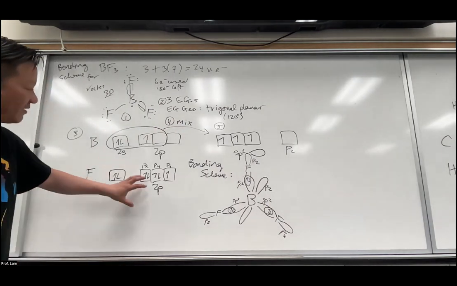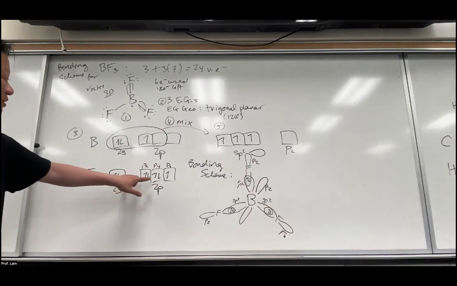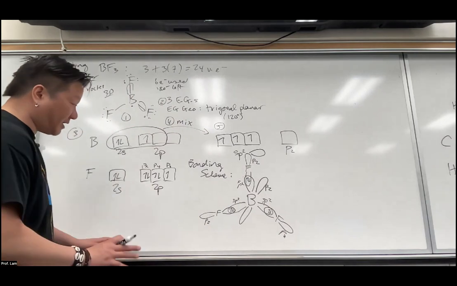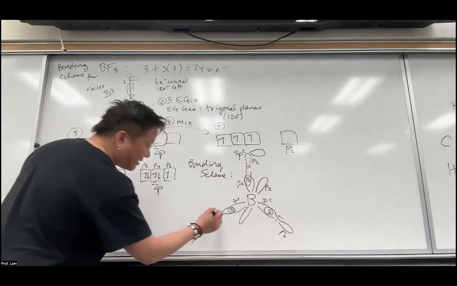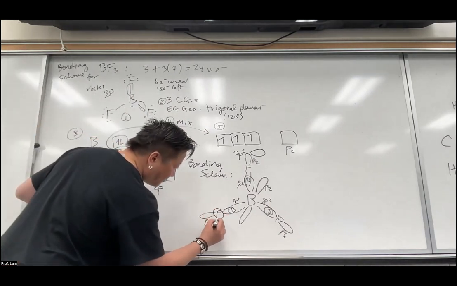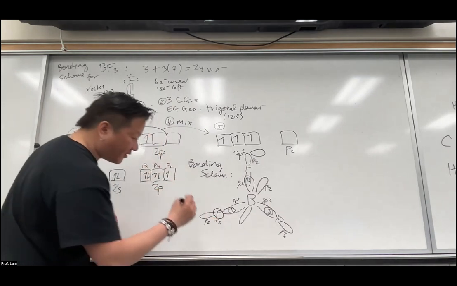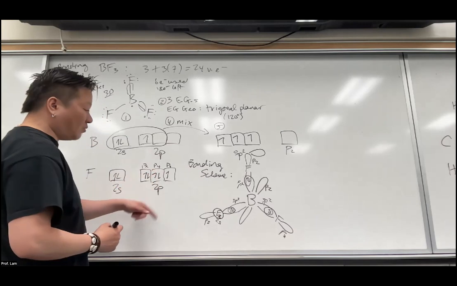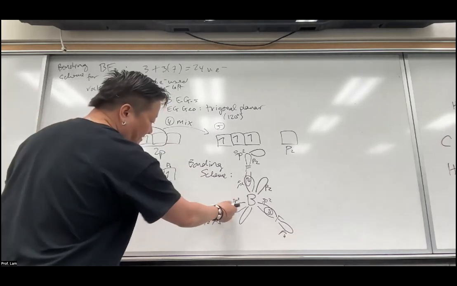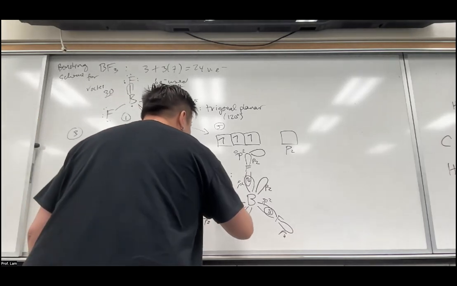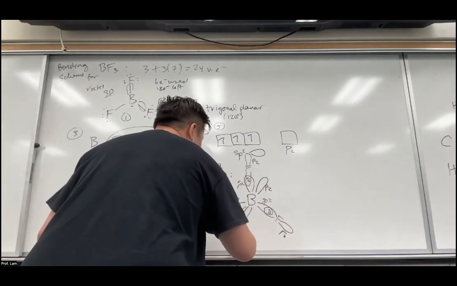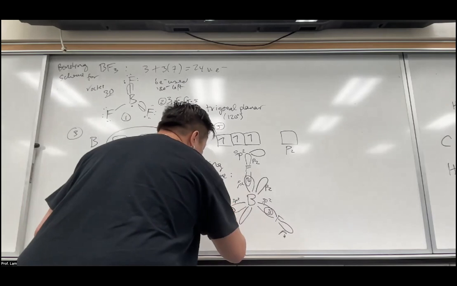On one of the Fs, I would like you guys to show the lone pairs, but not on the other Fs because it looks really busy. Okay, because check this out. I draw the 2s in there on the fluorine, that'll be like a circle, right? Spherical. Put a lone pair in there. And then my px and py also have lone pairs. So if I call this the z-axis, I could call this the x-axis, and I could call this the y.